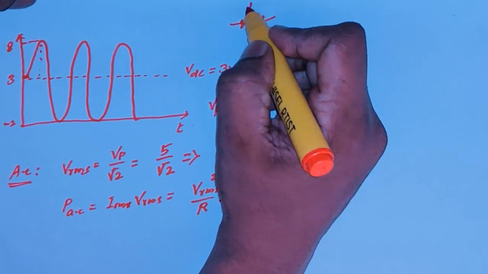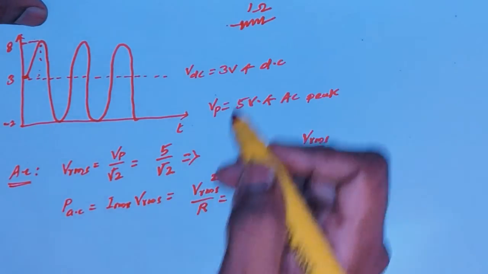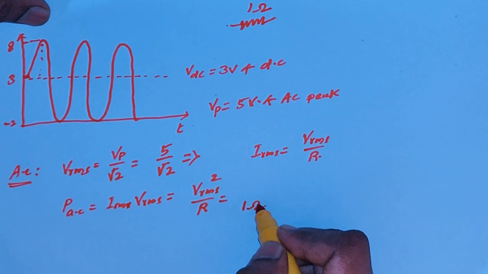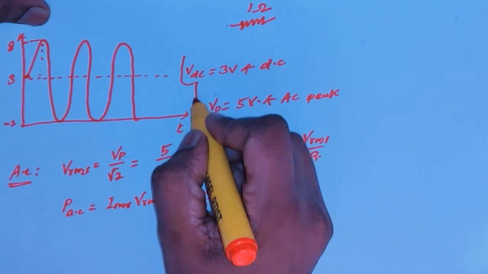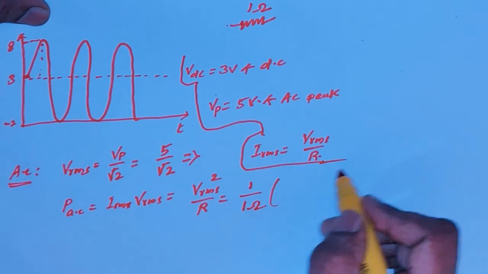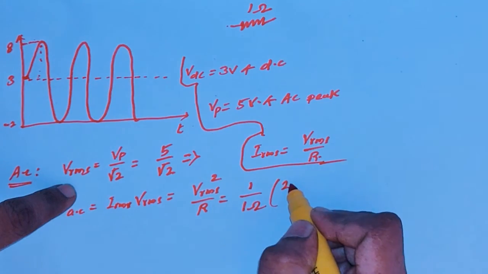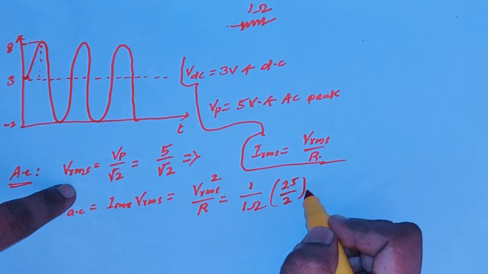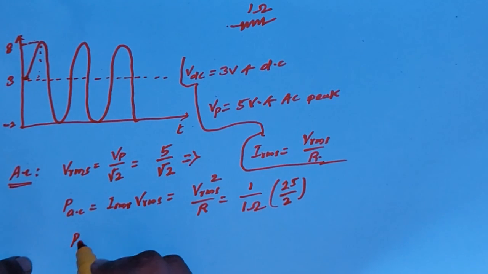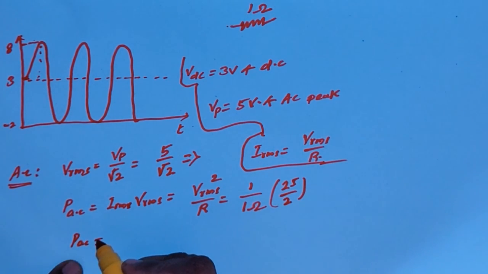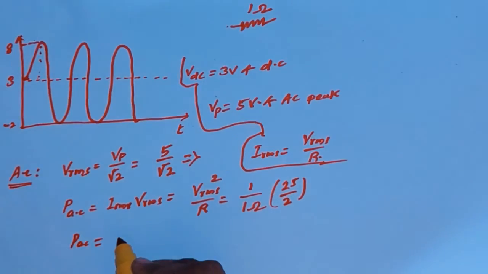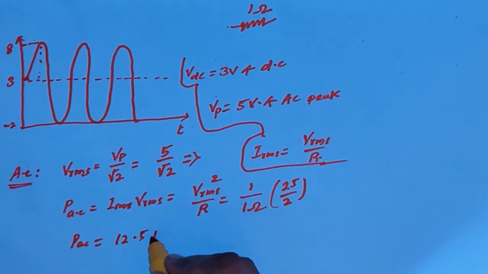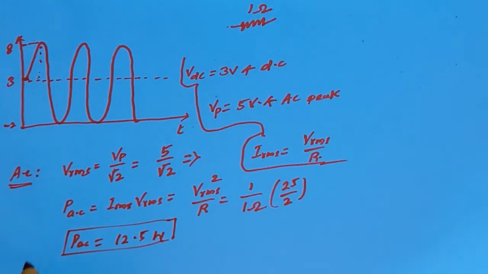So substituting 1 ohm, Vrms whole square is nothing but 25 divided by 2. If you do this calculation, the power dissipation due to the AC power will be 12.5 watt. This is the power dissipated across the resistor due to the AC signal.